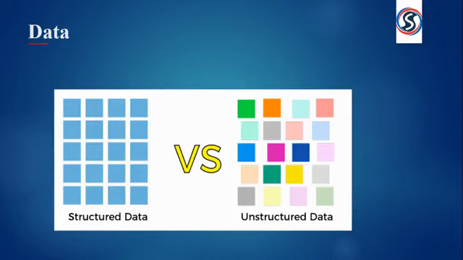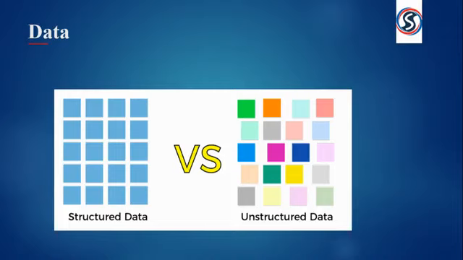Here the data can be available in different forms, such as bits and bytes stored in electronic memory, numbers or text on a piece of paper, or even a fact stored in a person's mind. So data is a collection of facts such as numbers, words, measurements, observations, and just the description of things.